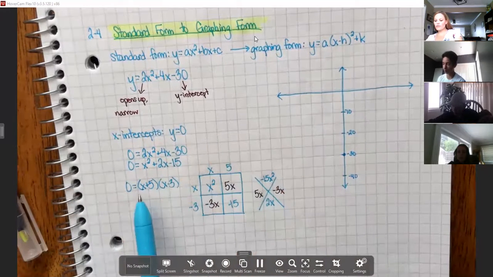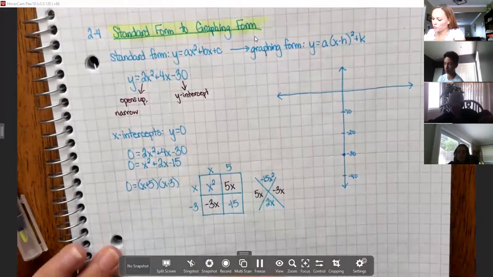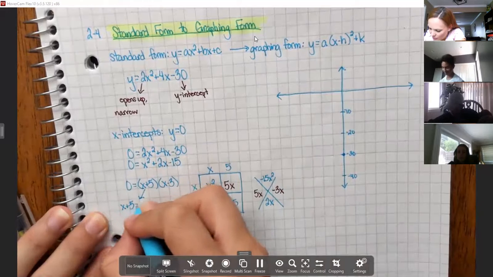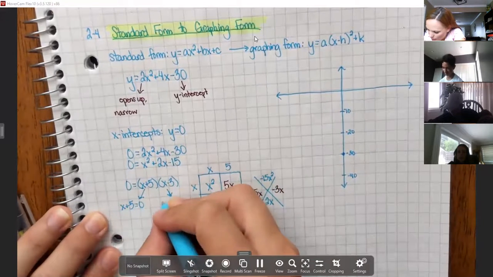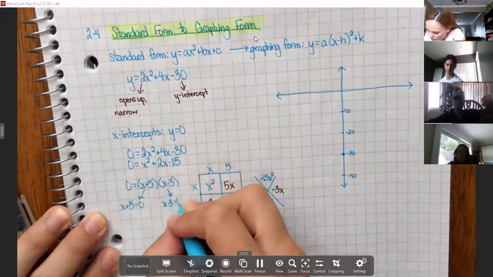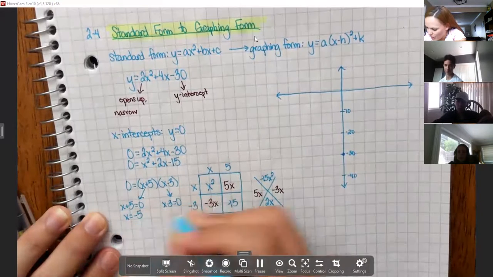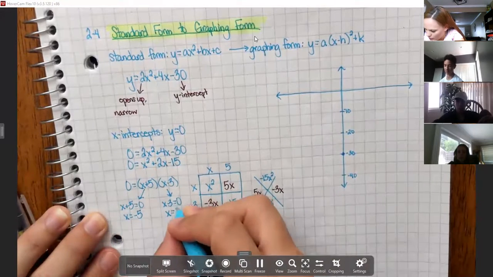So in factored form, we have 0 equals x plus 5 times x minus 3. So we get x plus 5 equals 0 and x minus 3 equals 0. If we subtract 5, we get x equals negative 5, and here we get x equals 3.